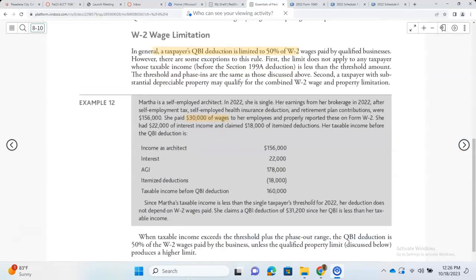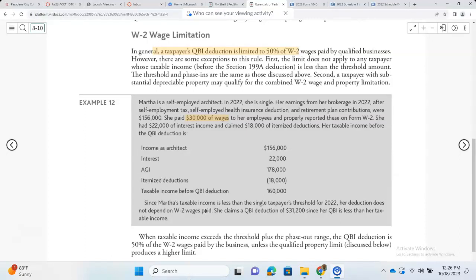So 160 is less than that threshold. Her deduction does not depend on W-2 wages paid. Got it? So W-2 wages paid will be irrelevant because the income for QBI calculation, $160,000, is below that threshold.